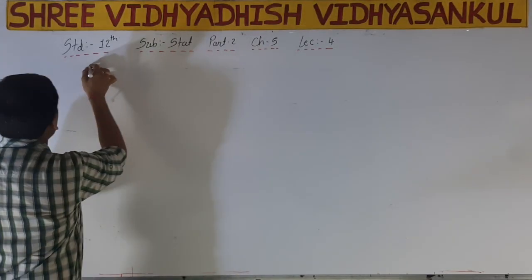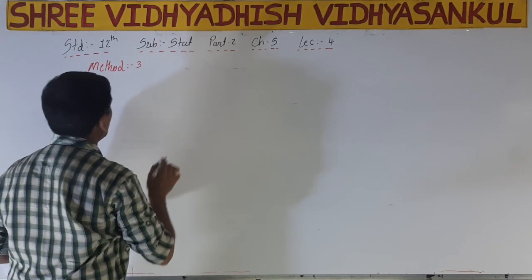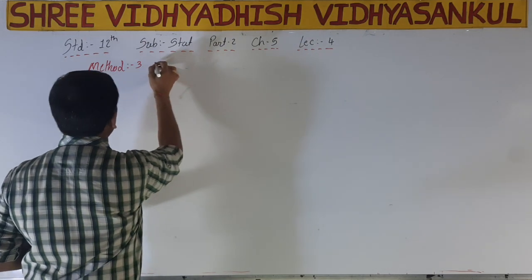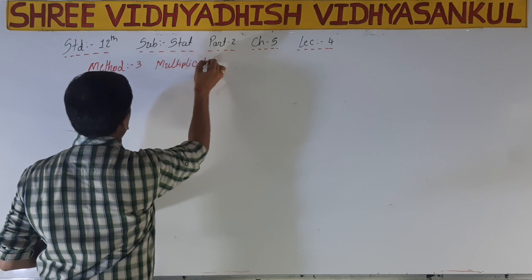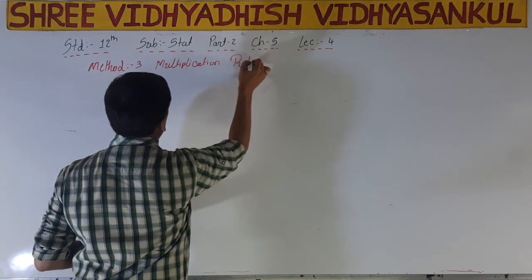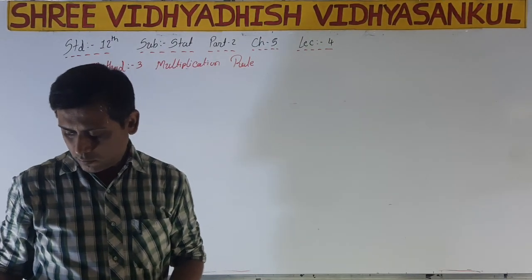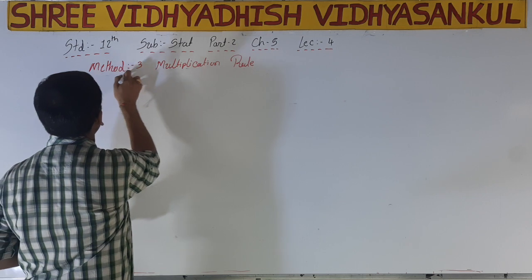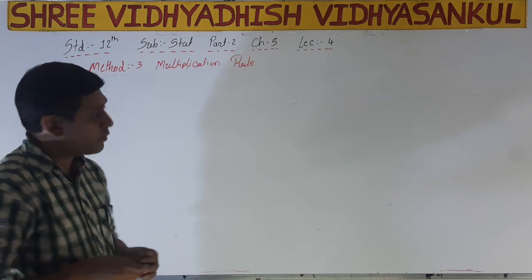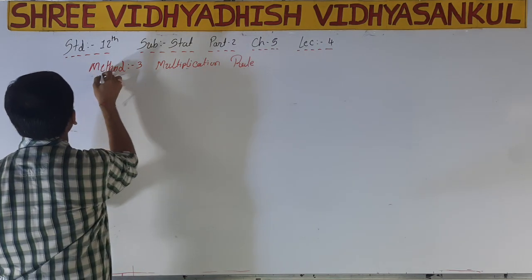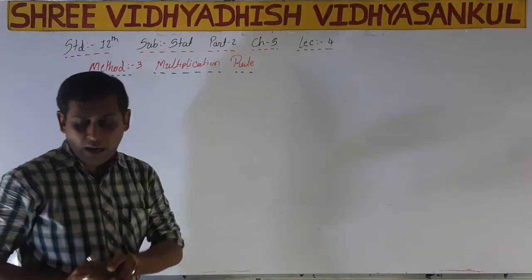Now see method number 3. You can say it as the multiplication rule. See the formula here.